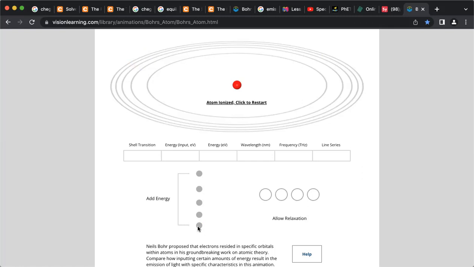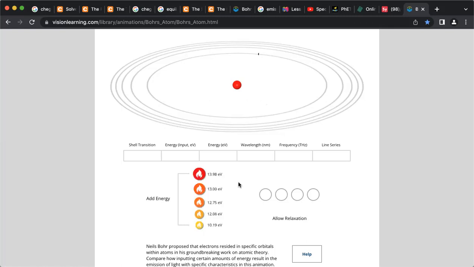If I go up a number of levels, less energy I will add to the electron to jump from one level to another.